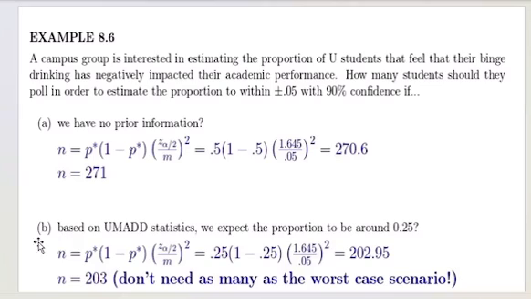Now, if you take a look at question B, based on UMADD statistics, we expect the proportion to be around 0.25. Which means P is available. When P is available and you plug it in, okay, what do you see here? The sample size is 203, which is smaller than when it is not available.